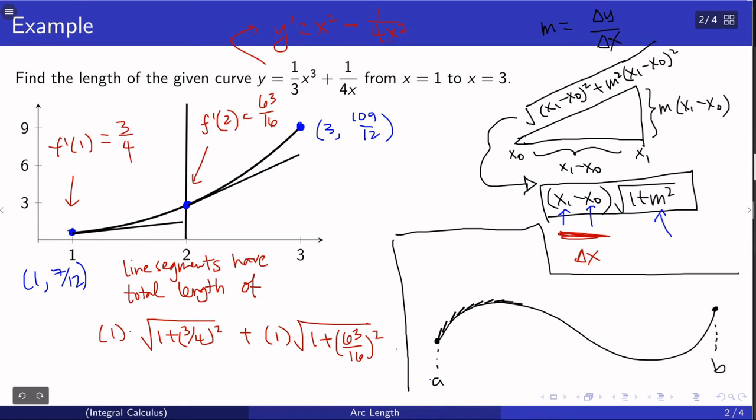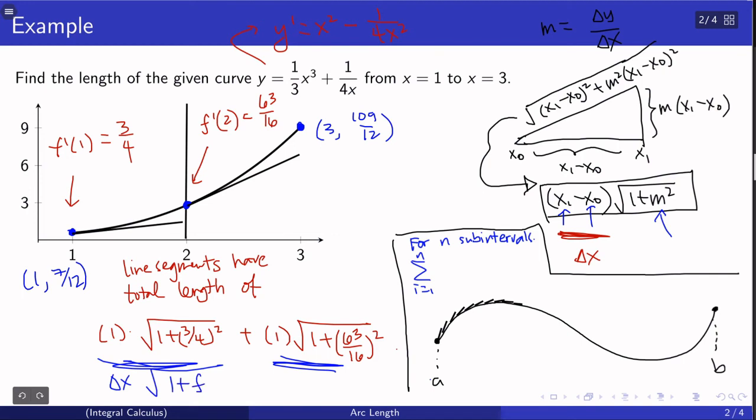And so how would we describe this using a sum now? Well, if we had n subintervals, really what's happening is we're adding these guys together. It's just, again, delta x times the square root of 1 plus the slope squared.